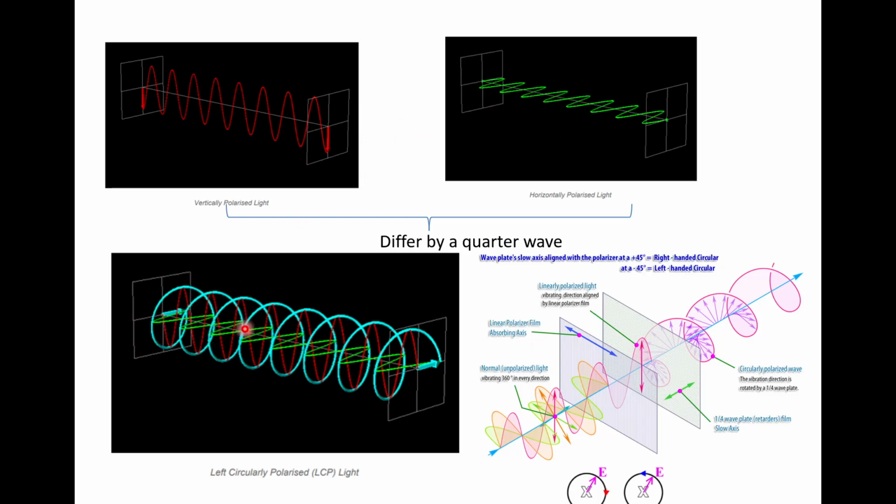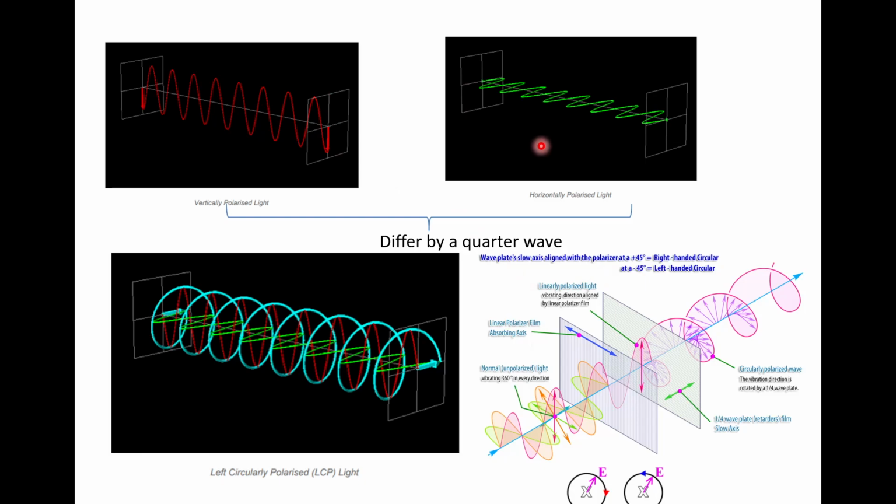So the resultant wave that will be coming is in a kind of helix. And when you pass a linearly polarized light through a one-by-four wave plate, what it is doing is that they are lagging by one fourth of a wavelength.